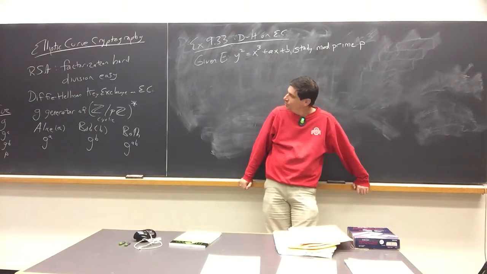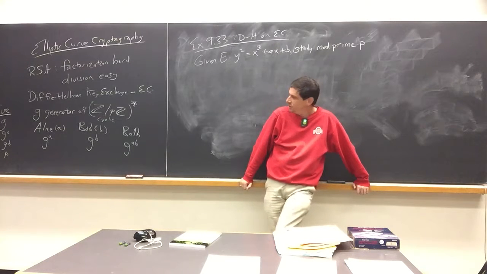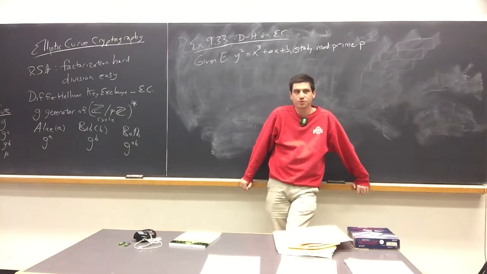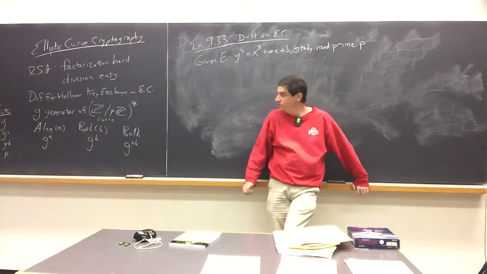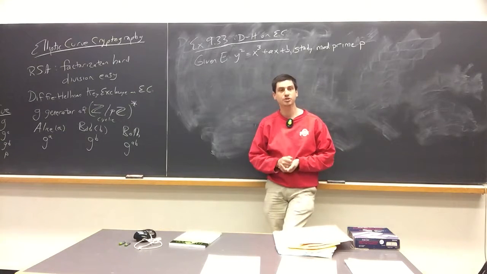And now what we want to do is generalize the Diffie-Hellman key exchange. So what's the first thing we should choose? We need to choose an analog of G. It turns out that this group is not going to be cyclic.